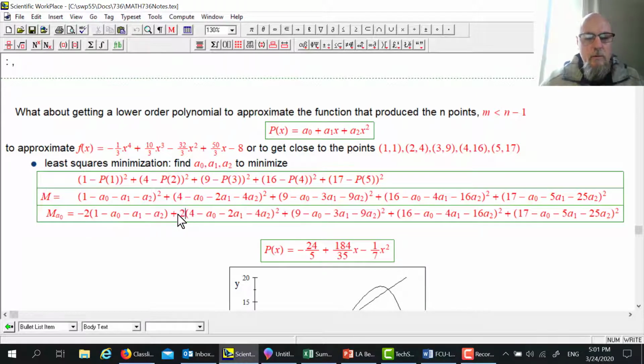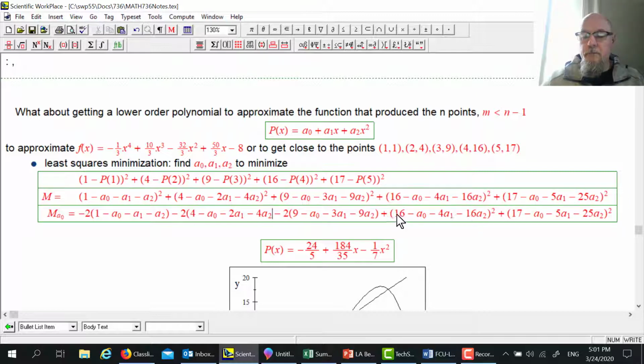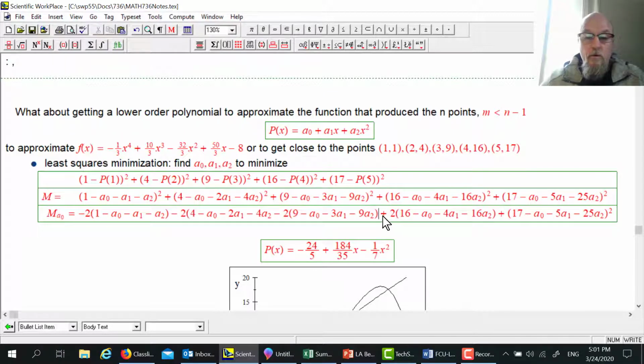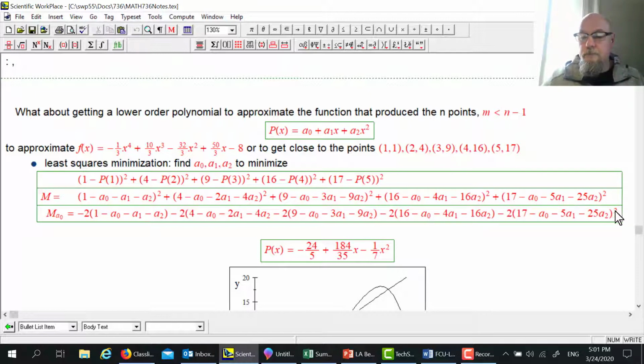Here the 2 comes down, subtract 1 from the exponent, and the derivative with respect to a0 is minus 1. Again the 2 comes down, subtract 1 from the exponent, and the chain rule puts another minus 1 out there. I'm just doing the chain rule over and over again, so this is exciting. This is the derivative of this function with respect to a0, and I want to set that equal to 0.